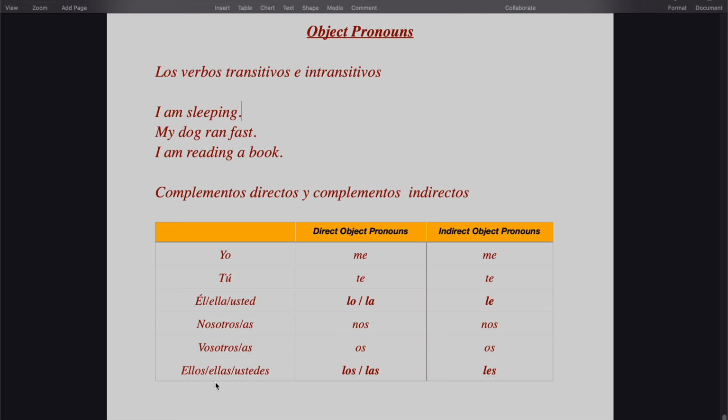We have also seen the other rule that the object pronouns always come before the verb, and we have an exception for the infinitives and the gerunds. We can attach the object pronouns to the infinitive or to the gerund at the end without any gap, by placing the required accent to get the pronunciation correct.